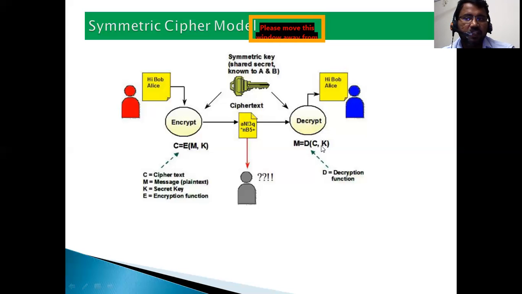The decryption algorithm will take this cipher text and key, and finally it will produce the message M, which is in readable format. So the receiver is able to read this particular message, hi Bob Alice. Like that our symmetric encryption will work. So this is called the symmetric cipher model, and it is one example.